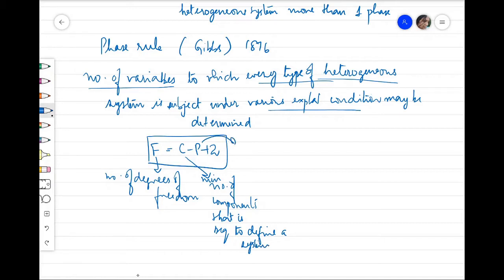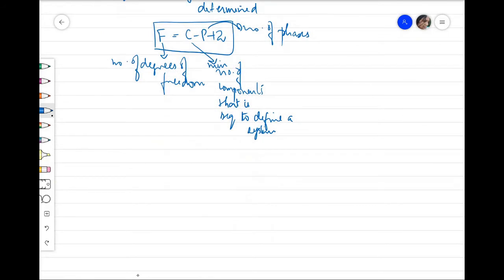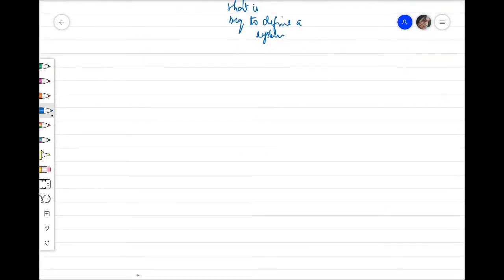Then P is the number of phases. Now let me go on to explain each term.